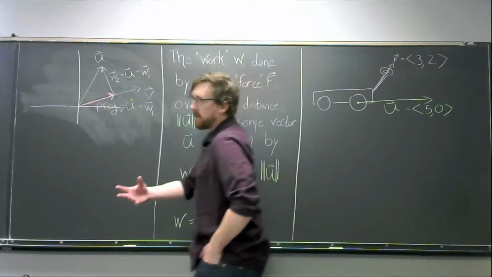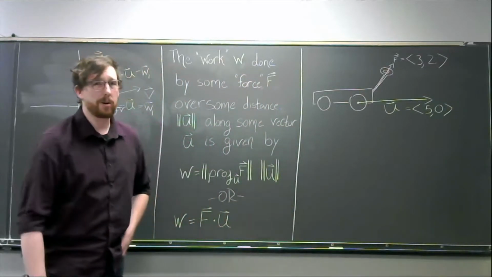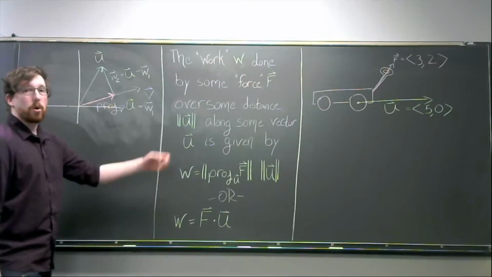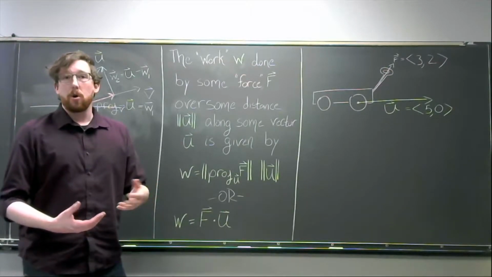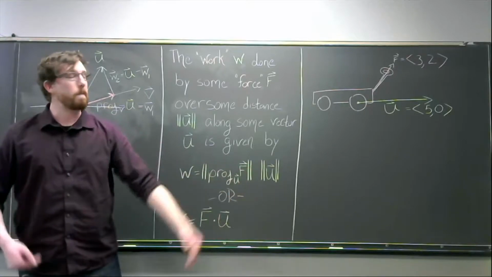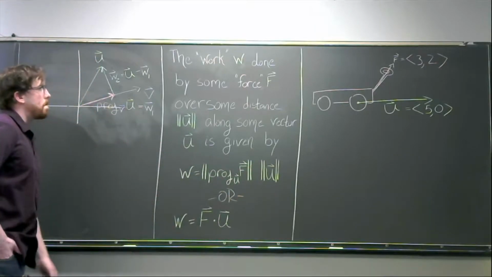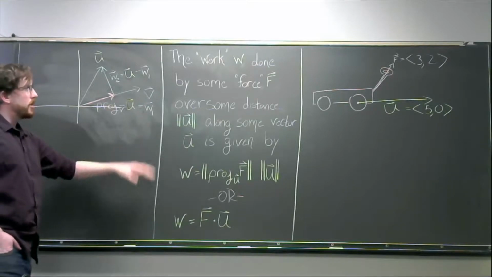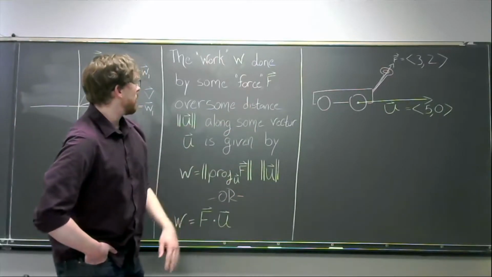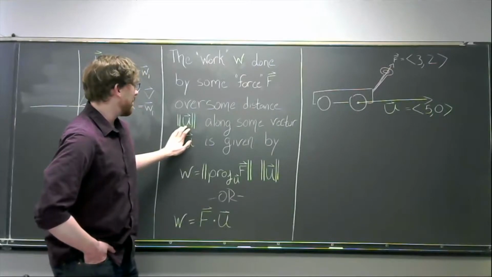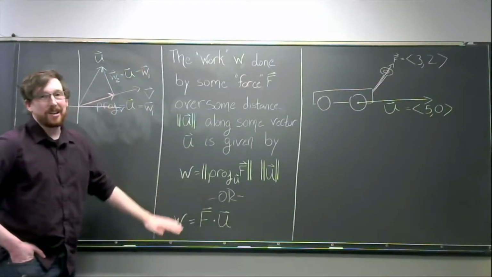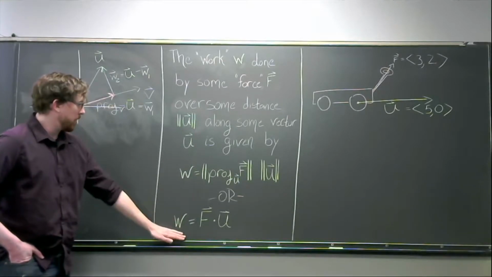So you might be asking yourself, okay, what is this for? What can I do with this? Well, one thing we can do with this is calculate the work done by a force along some distance. So work, as I've described here, is done by a force over some distance along some vector, and it's calculated in one of these two different ways.